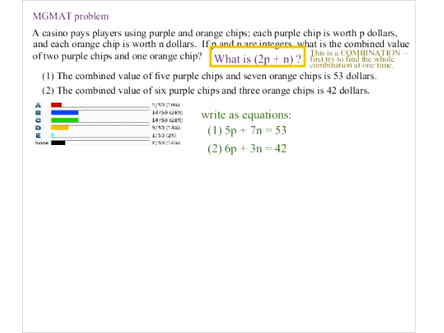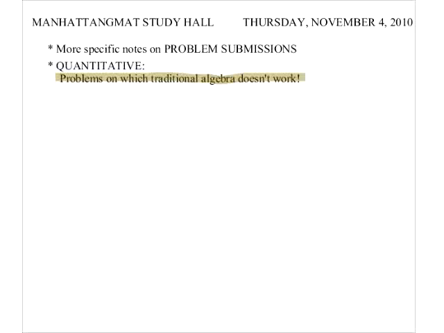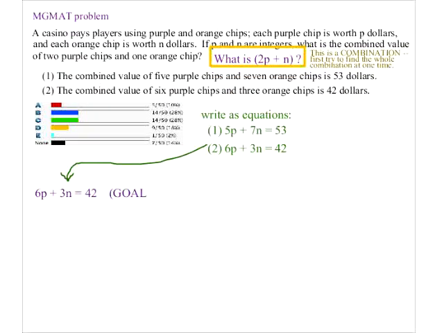So with statement 2, we can actually do that. If you look at statement 2, statement 2 is 6p plus 3n is 42. Let's take a look at it. Our goal is 2p plus 1n. The goal is to get 2p plus n. So does anybody know what we can do to get to that goal from the given statement?